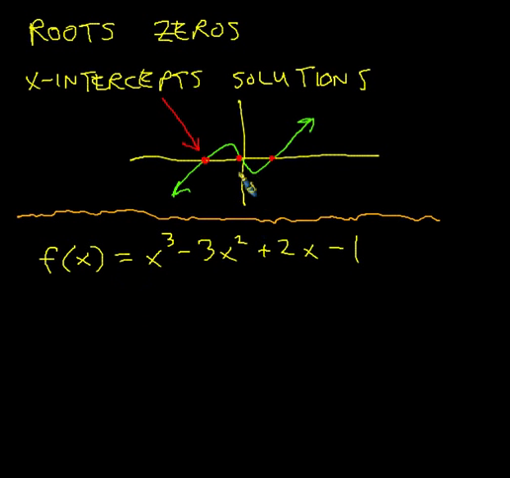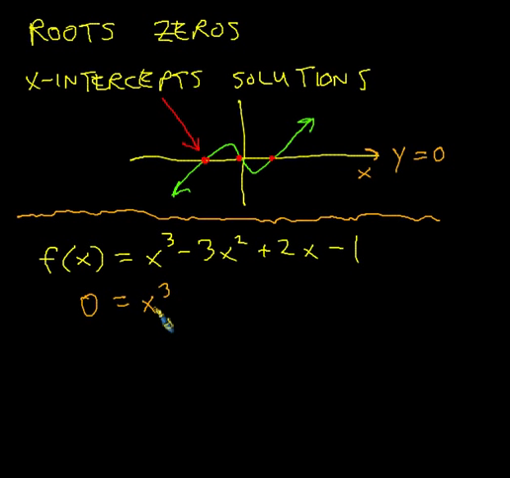The reason why these roots and these zeros and these x-intercepts are also known as solutions is because they occur on the line that's known as the x-axis. And the x-axis is where y equals 0. And it turns out that when we want to solve a polynomial, what we do is we set y equal to 0.